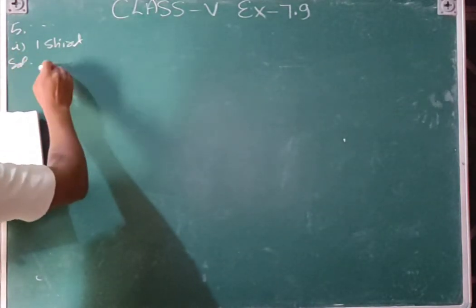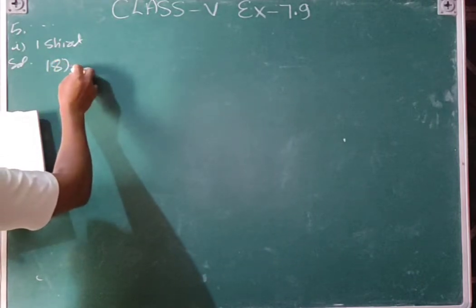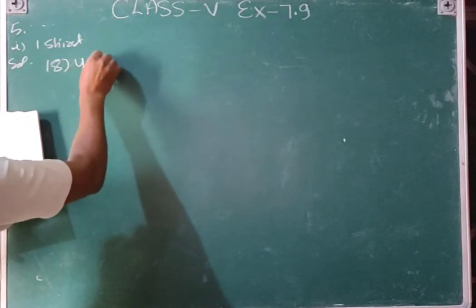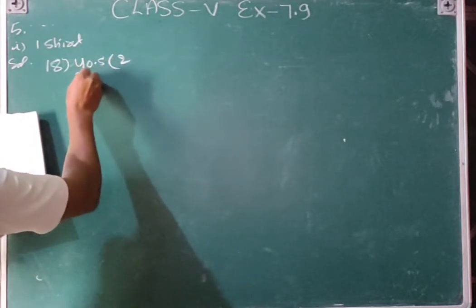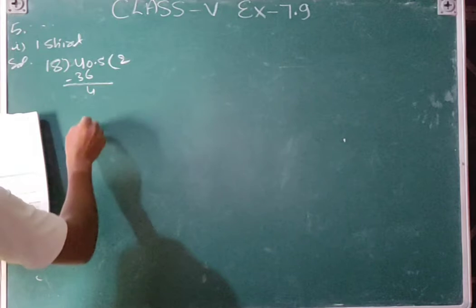The solution will be: 18 divides 40.5. 18 twos are 36, and then 4 is left.